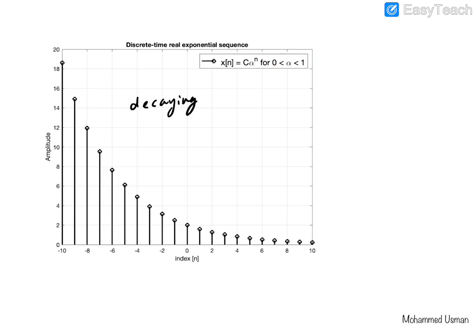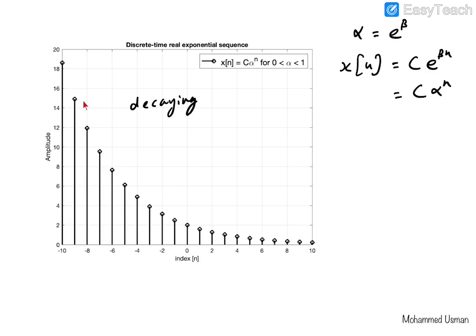Okay, you need to be familiar and get well acquainted with all these possibilities that we can have for different values or combinations of the parameters that define our signals. Okay, so again here alpha is equal to e power beta, and the general form is x of n is c e power beta n, which we can write as c alpha power n, as it has been denoted here in the plot.